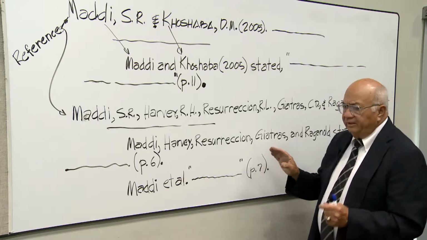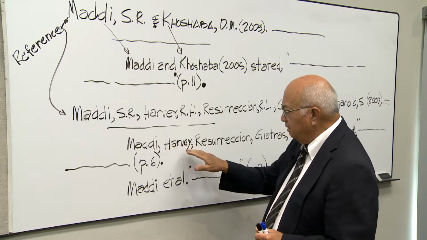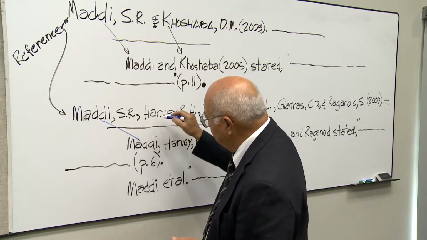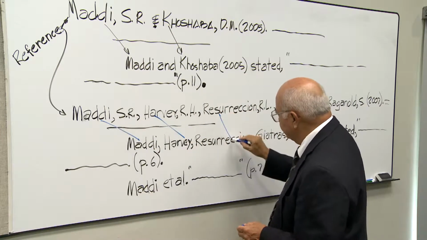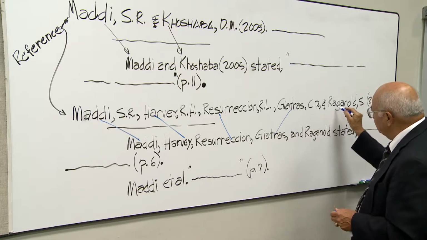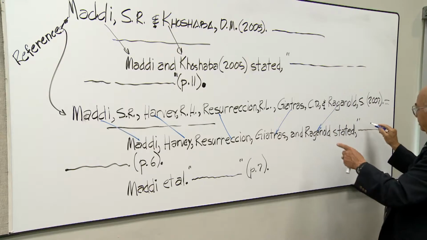Now, if you cite these people, you would cite Mattei, Harvey, just like this. Watch this. Mattei, Harvey, Resurrection, Giatris, A&D, Raganold. Okay? Just like up here.